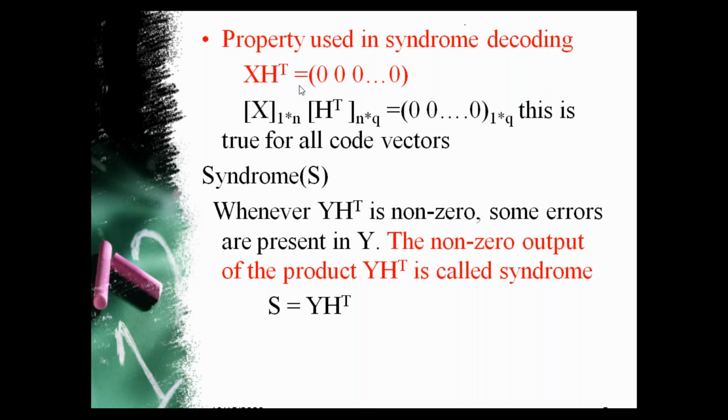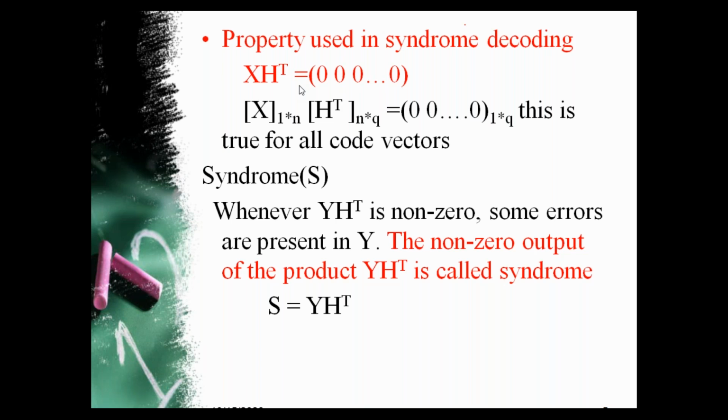If you take any valid code word, in the previous problem there are 16 code words we obtain, multiply any of the code words with the H transpose matrix, it will give a zero vector. That is, X is a 1 by n matrix, a single row vector consisting of n elements, that is the code word.